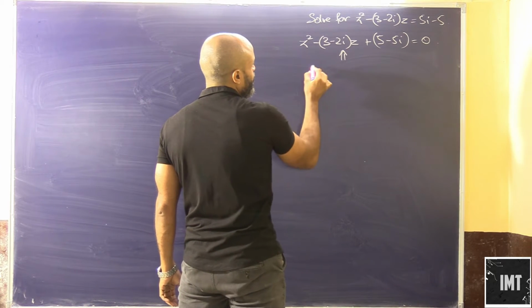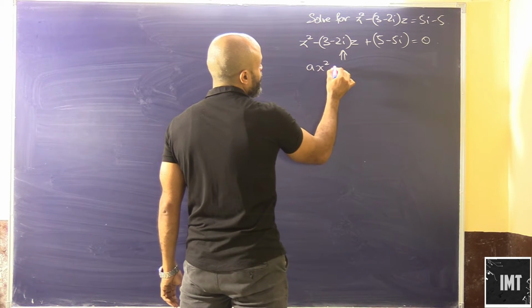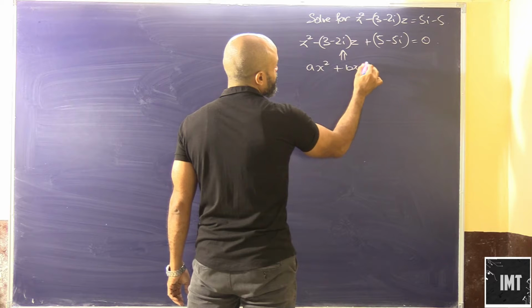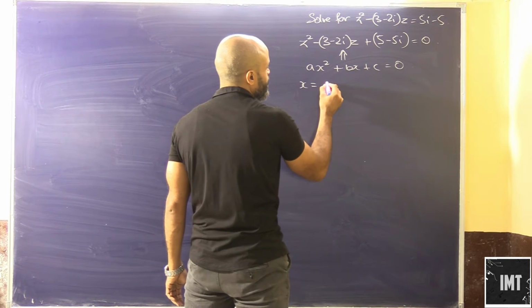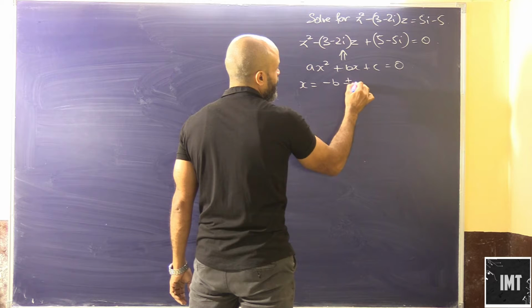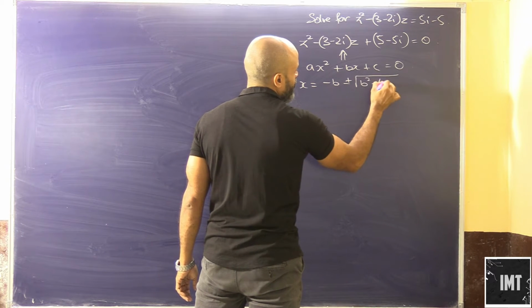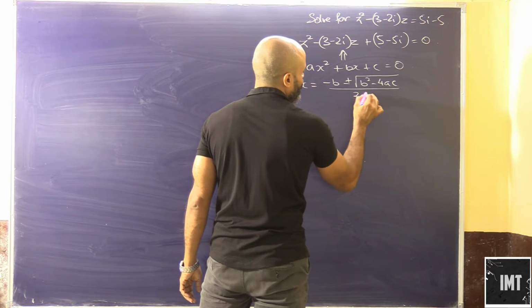This will be ax square plus bx plus c, basically a quadratic equation, and we will have the value of x as minus b plus minus under root of b square minus 4ac by 2a.